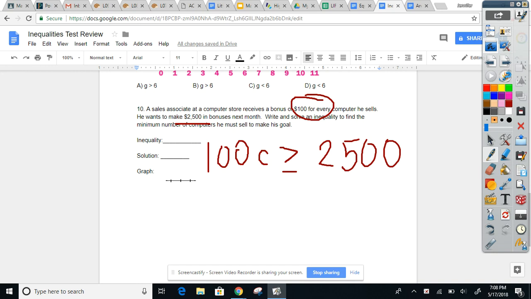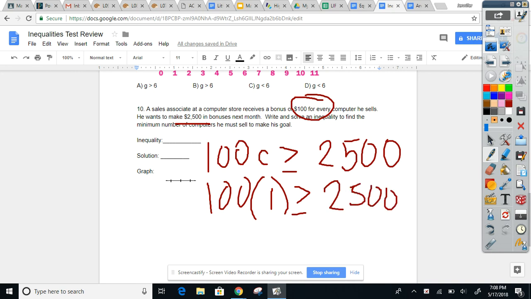So in my brain, I'm thinking, if I make $100 for one computer, is that going to be greater than or equal to 2,500? No, because 100 times 1 is 100. So is 100 greater than or equal to 2,500? No. Okay. What if I sold 2 computers? Okay, remember repetitive addition is the same thing as multiplication.